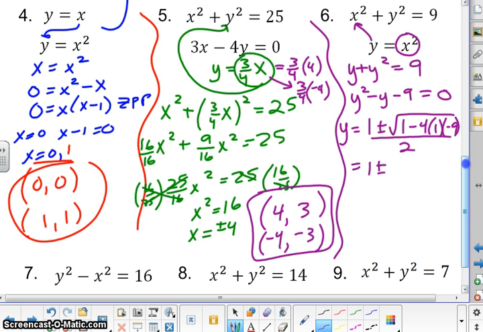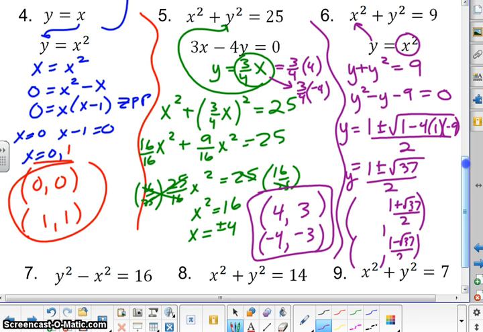So we have 1 plus or minus. That's all going to be 37. And then that's what they're saying the value of y is. So your two forms are 1 plus root 37 all over 2 and 1 minus square root of 37 all over 2. Okay, so kind of crazy, but if you do the math, that actually is 1 point.